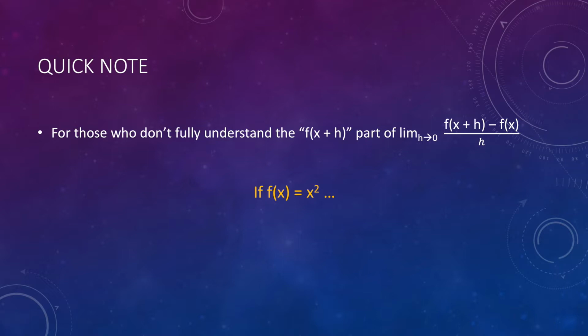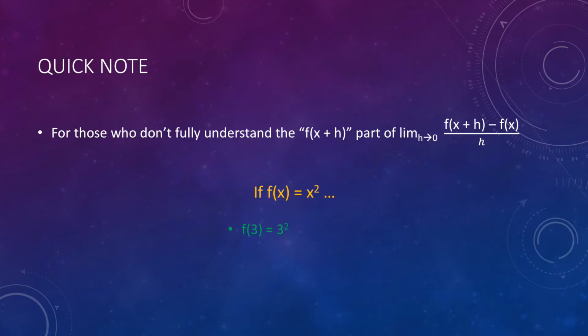So for those who don't fully understand the f of x plus h part in the limit definition of a derivative, you don't know how to plug that in and use it mathematically. Let's just cover a few examples of how we can actually use a function, just to clarify your understanding of it.